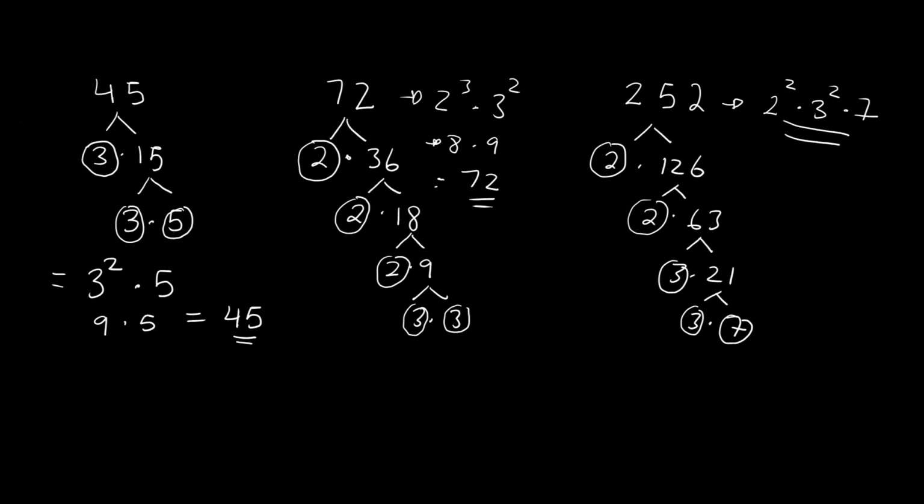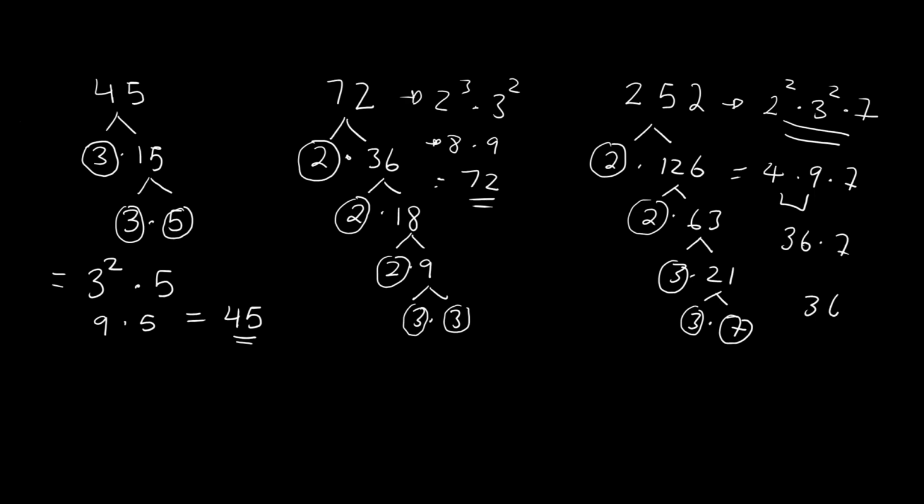This here basically is my final answer, but as always, I really recommend you multiply these numbers so you can check your answer is correct. So 2 times 2 will be 4. 3 to the second power is 9, and let's multiply 4 times 9. 4 times 9 will be 36.